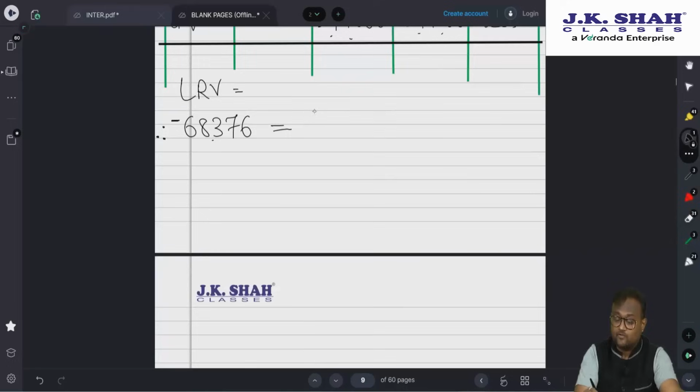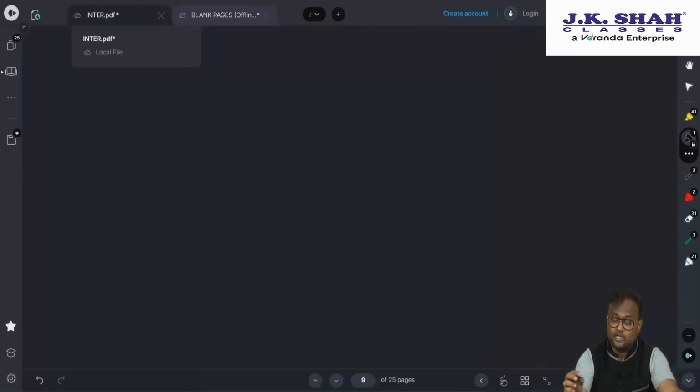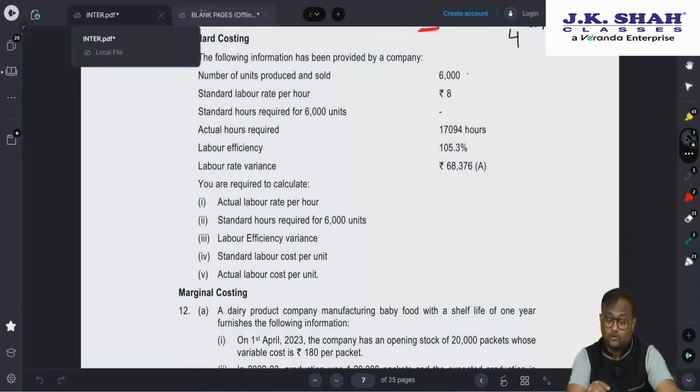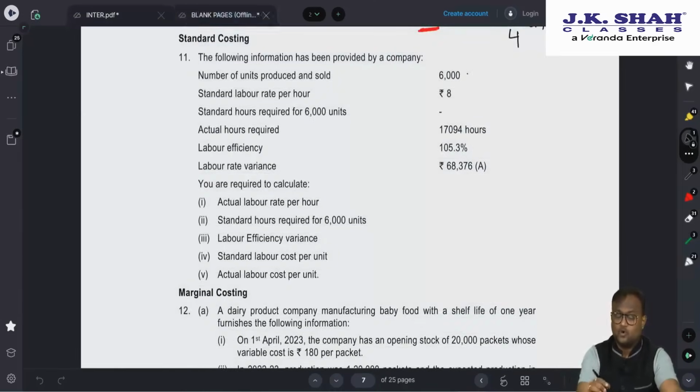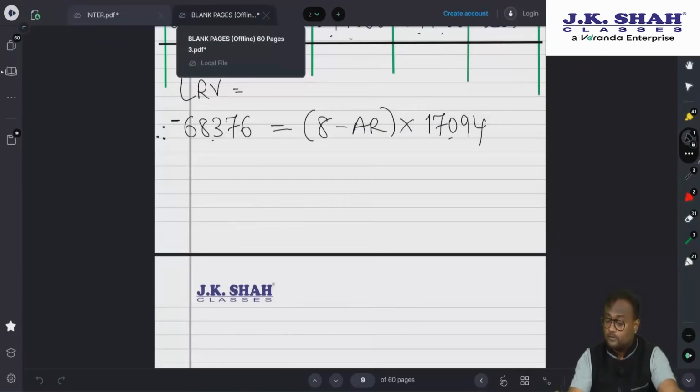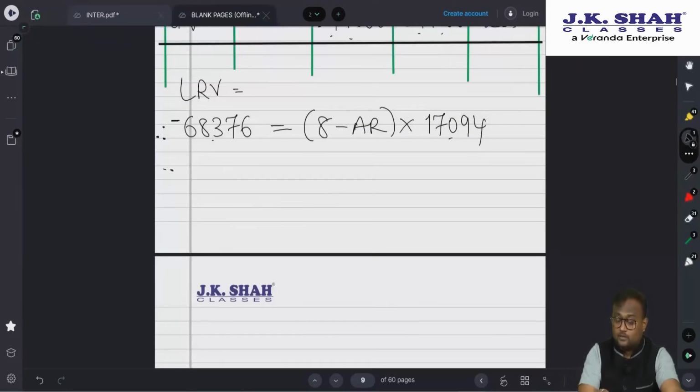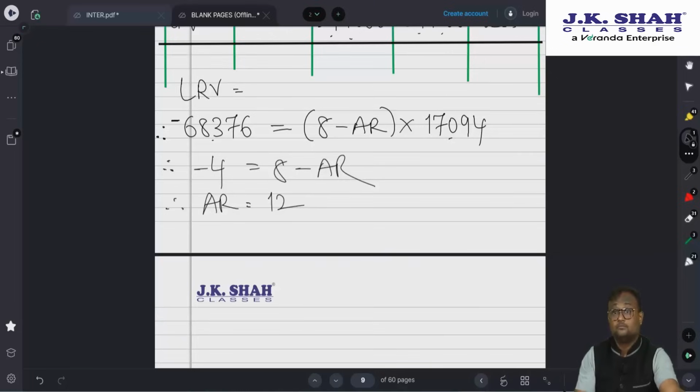And then standard rate we have, actual rate we don't have, and actual hours are also available with us, 17,094. We have solved this in the textbook also. So, this will be minus 4 is equal to 8 minus actual rate will be 12.